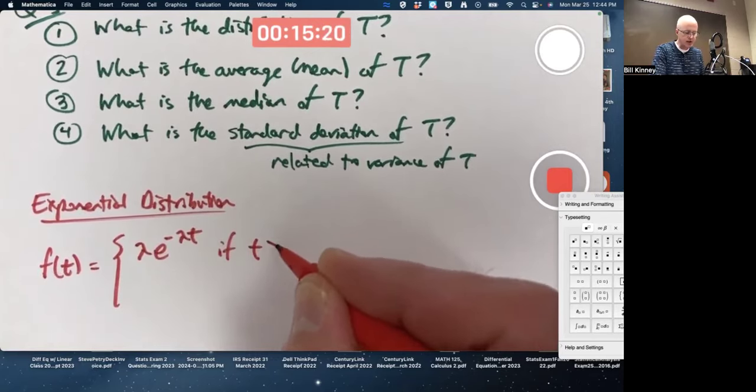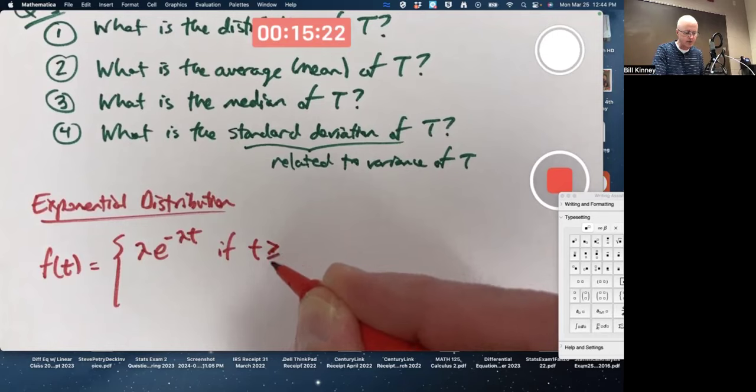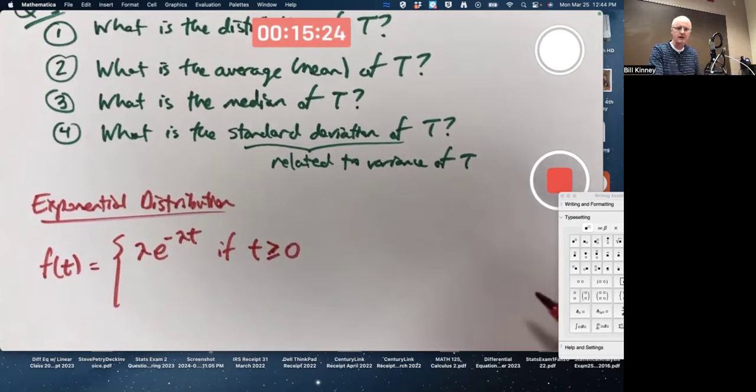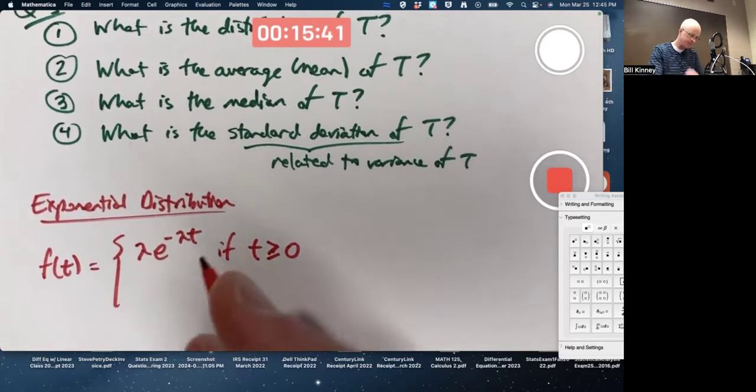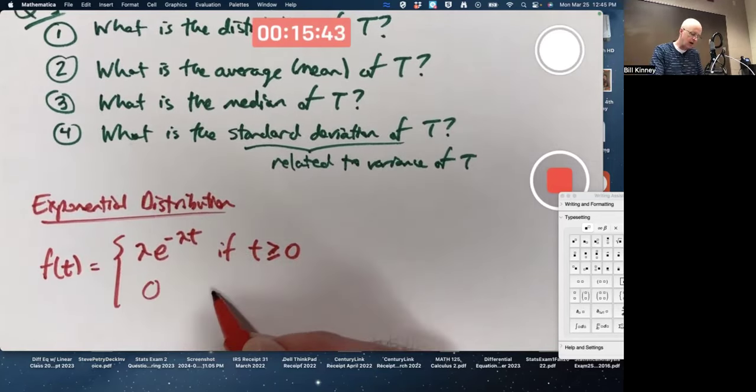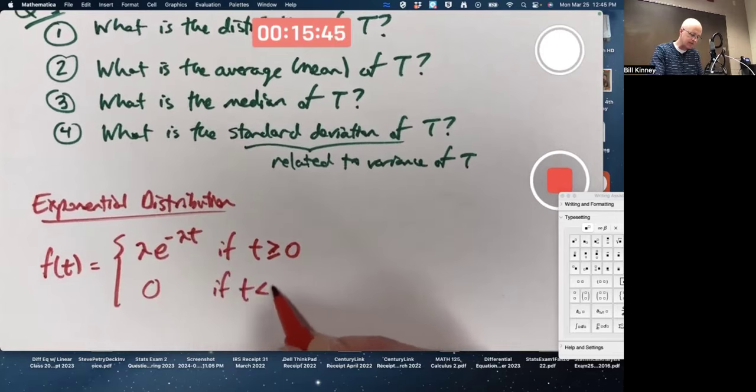You can either put a strictly greater than 0 or a greater than or equal to 0. It really doesn't matter, because the probability that t equals 0 exactly is 0. Mathematica chooses a greater than or equal to, so I'll choose the same as Mathematica. It's 0 otherwise if t is less than 0.